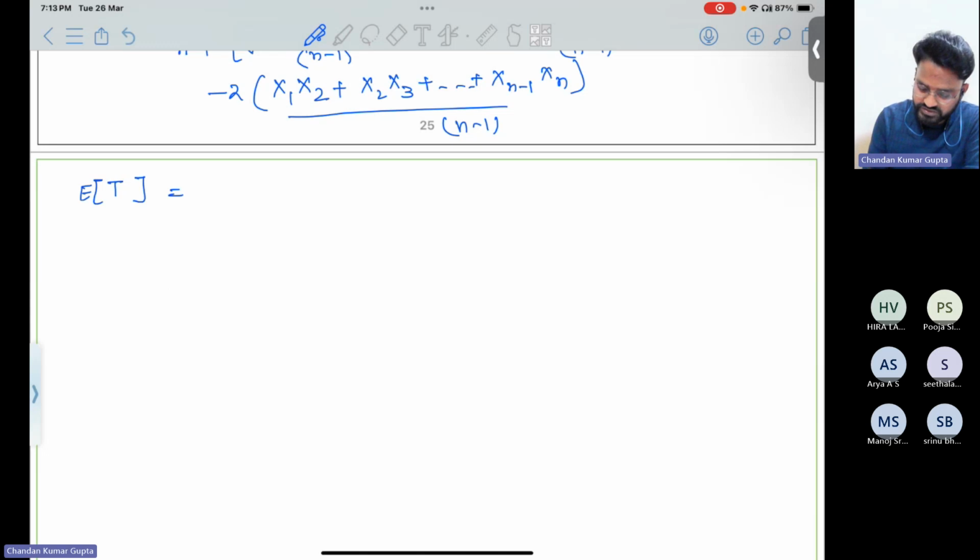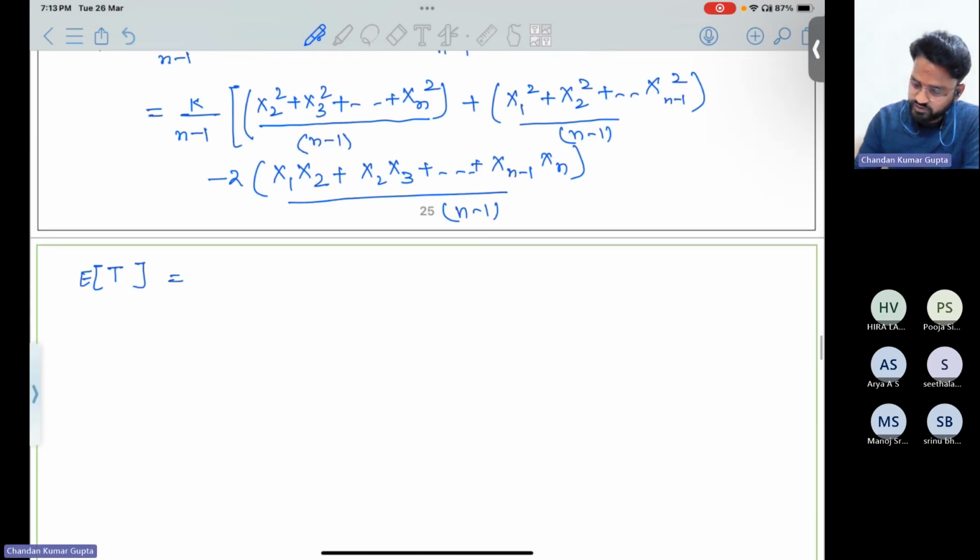Expected value of T, which is expected value of this quantity. So k upon n minus 1 is taken outside.